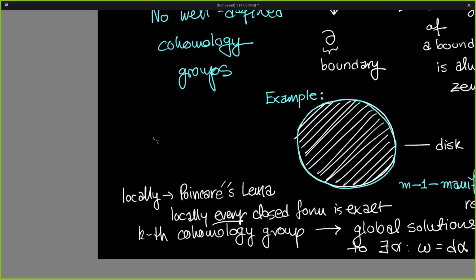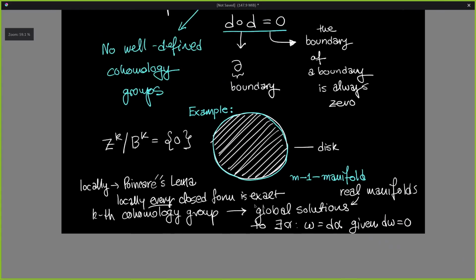So if you thought about the local version of Zk mod Bk, this would be trivial, because of Poincaré's lemma.